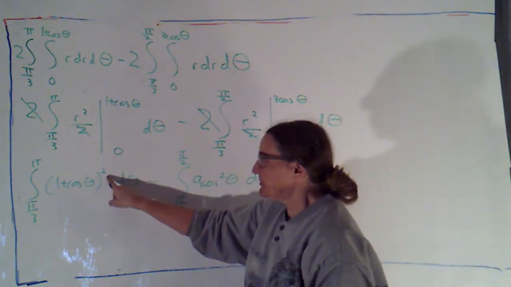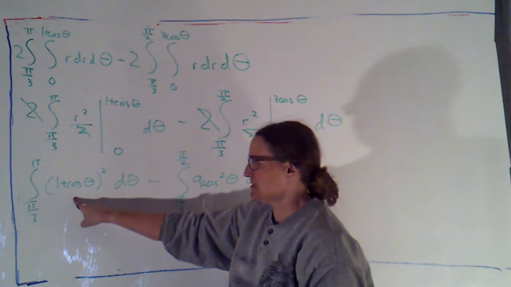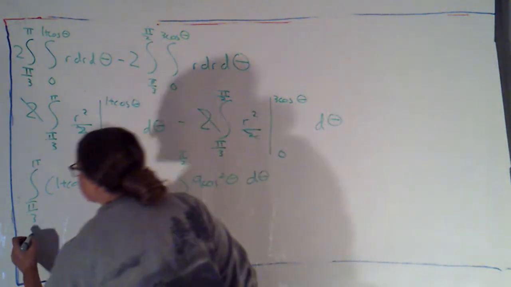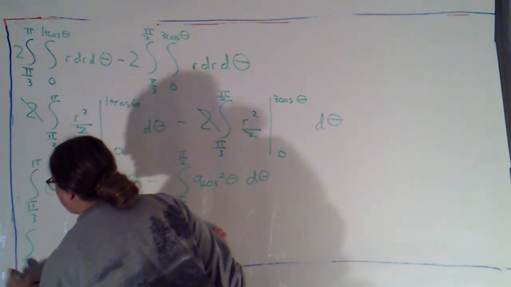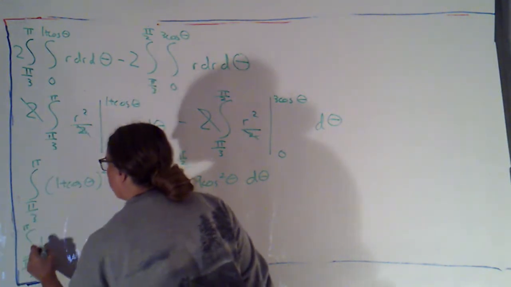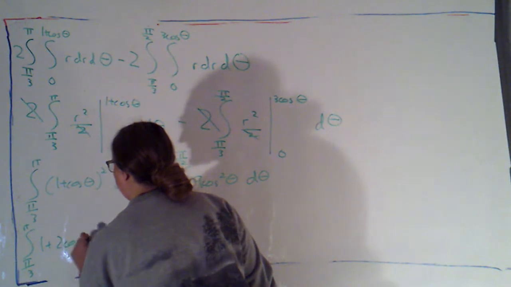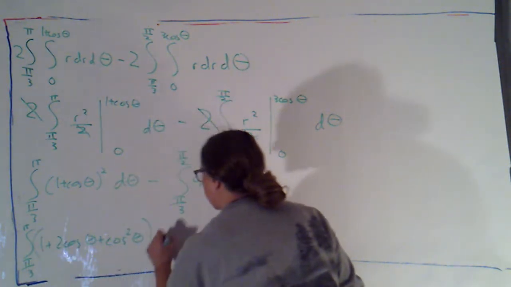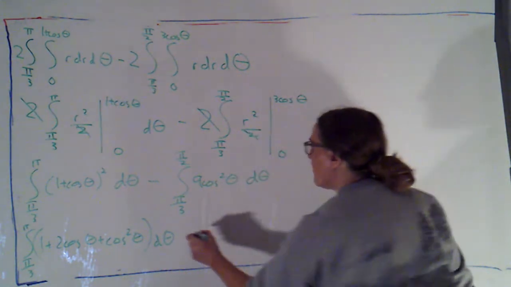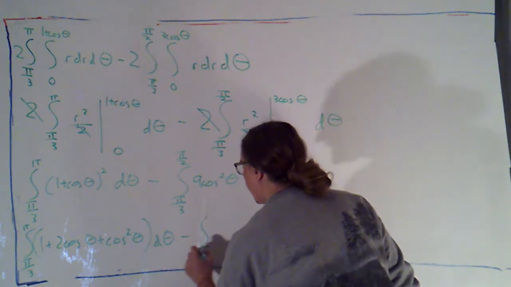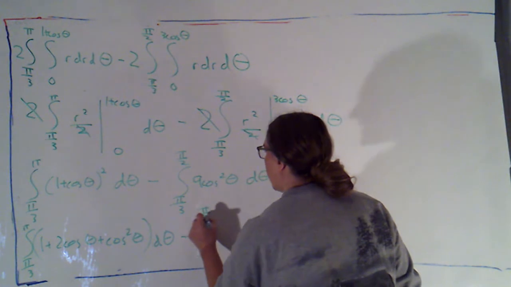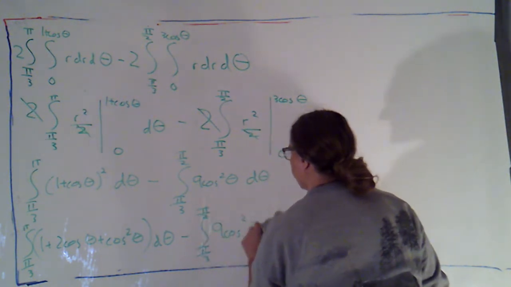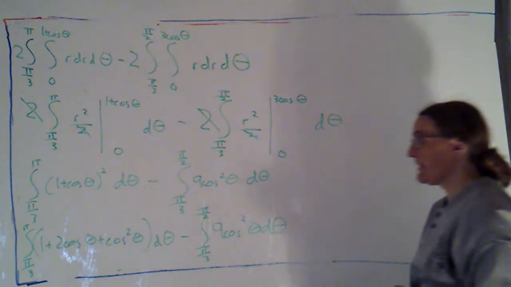Now here, don't think that exponents distribute over addition. They do not. We've got to FOIL that out. This is going to become the integral from pi over 3 to pi of 1 plus 2 cosine theta plus cosine squared theta d theta minus the integral from pi over 3 to pi over 2 of 9 cosine squared theta d theta.